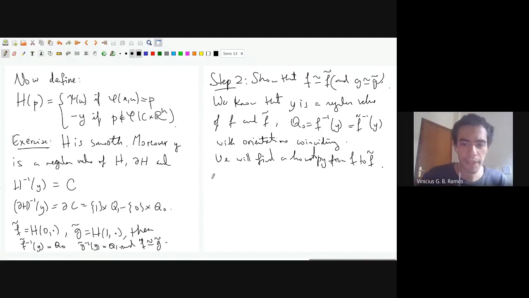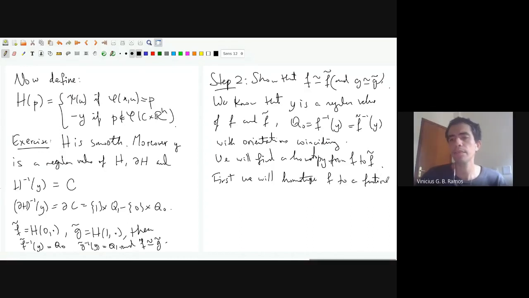So first, we will homotope f to a function, I don't know what to call it. F prime is kind of ugly. Let me do something that's also ugly, but let's put two tildes.